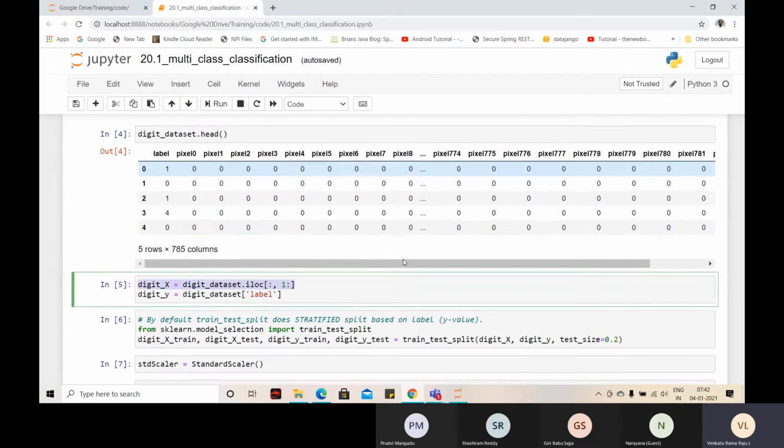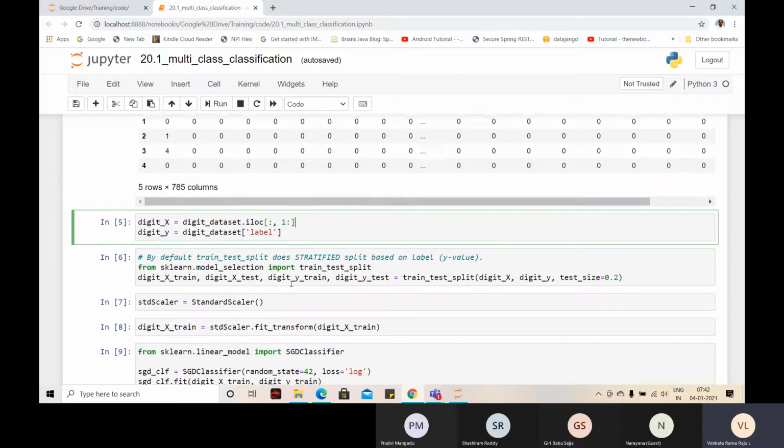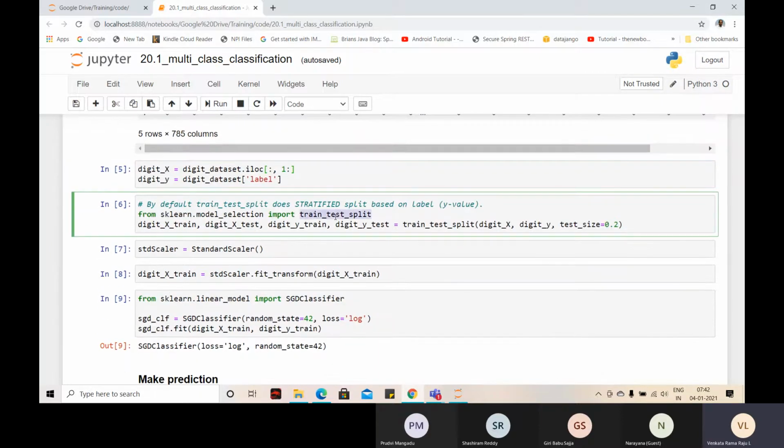So I have taken the same data set, but I did not apply anything on the target label, and took that as the y variable, and took all the input variables as x, and then using train test split, I split the data.